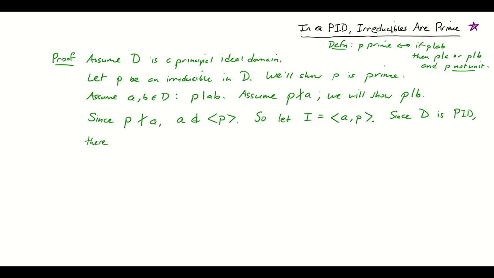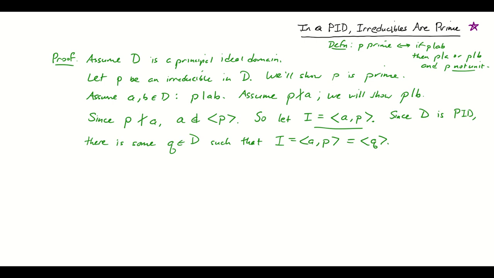There must be some Q in D such that I, which is the ideal generated by A and P, is also just the ideal generated by Q. So in other words, this ideal has to be principal. All right, so we're going to use that in our proof.